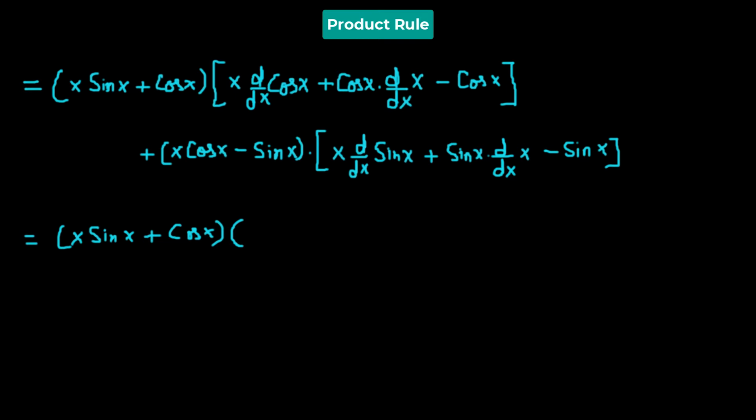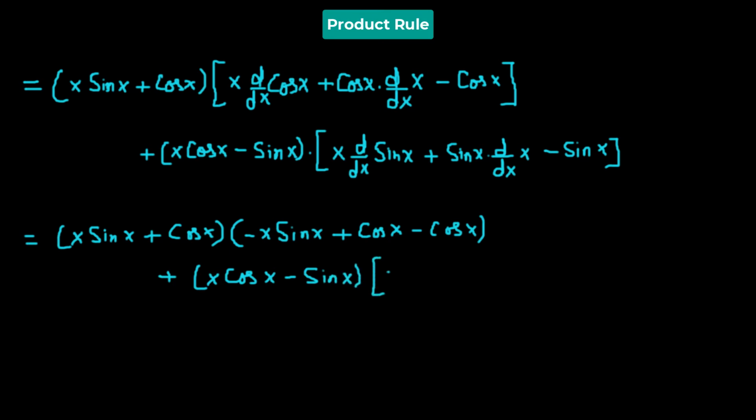So derivative of cosine of x is negative sine x, so that multiplied to x gives us negative x sine x plus cosine of x minus cosine of x plus x cos of x minus sine x times x times derivative of the sine function is cosine of x plus sine of x times the derivative of x, which is 1, minus sine of x.